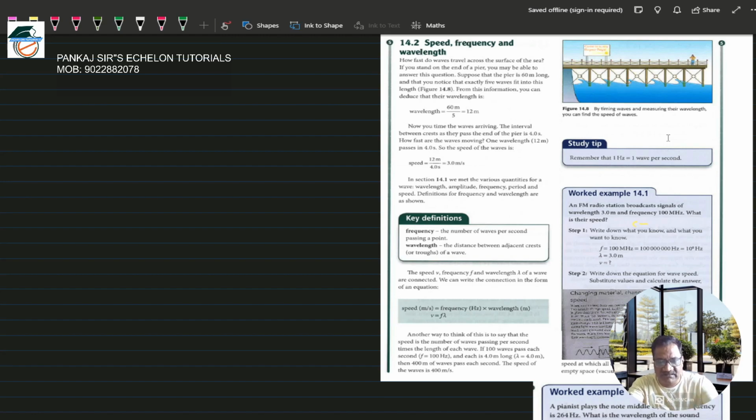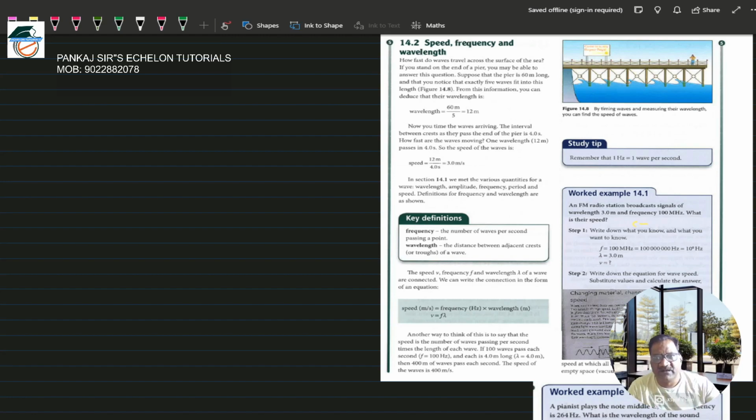First try to understand what the numerical has to say. If you solve this problem, automatically your concepts of these properties of the wave will become very clear. So let us try to solve this numerical.